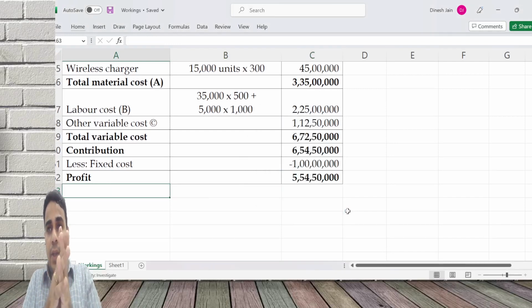I'm not getting into detailed explanation of all concepts. Any new concept I'll explain, else we keep doing what we did in the regular class. Profit is 5 crore 54 lakh 50,000.